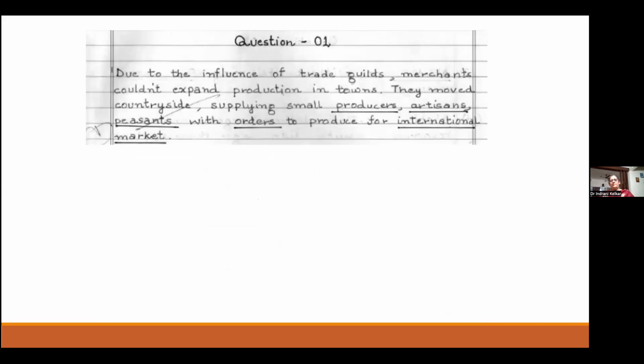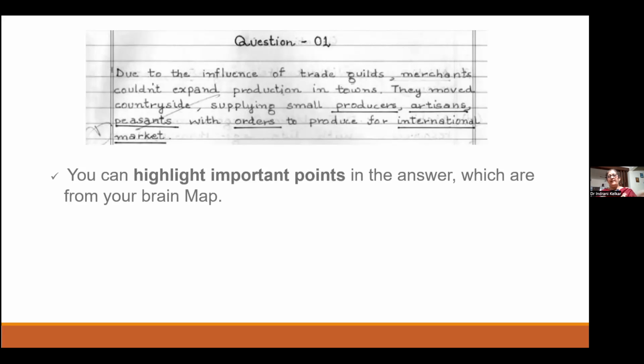Okay, so one example of how you would write an answer. If you have written the answer and there is some point structure in your mind, what are the important points which you are explaining? Those you underline nicely. You can highlight them. What are your sub points?